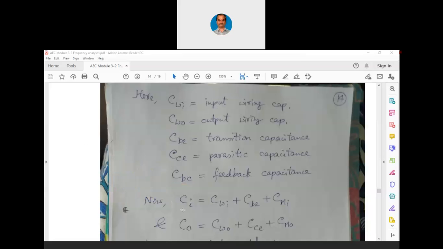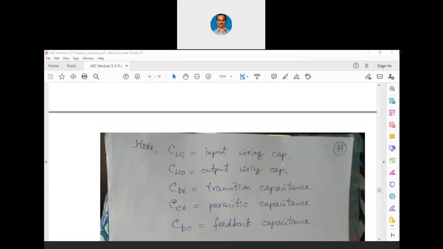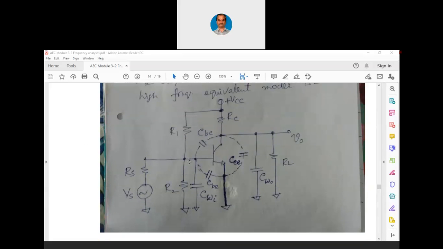So now, input capacitance CI, let us visualize the input capacitance at this particular circuitry. Let us model the whole thing as CI, and at the output let us model the whole thing as CO. Capacitance at the input, capacitance at the output. Obviously later on we can write it as a high frequency model for the amplifier.